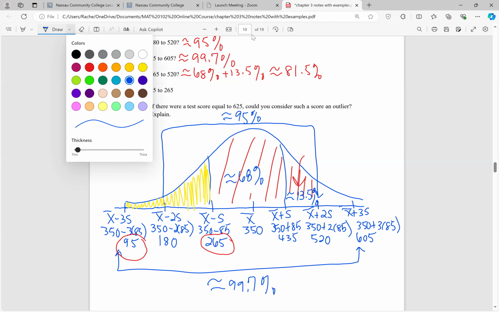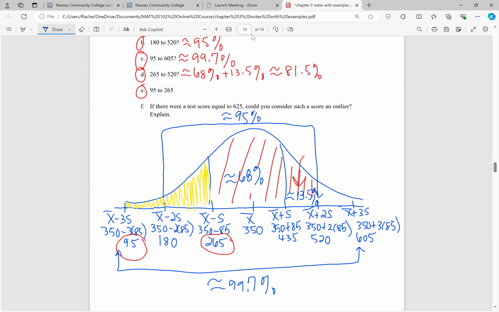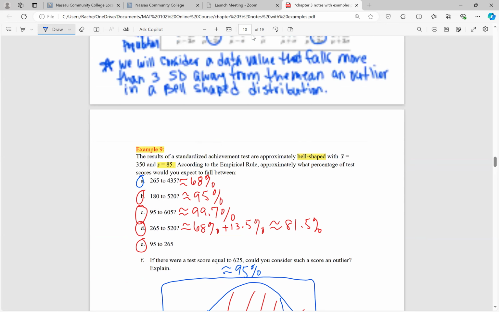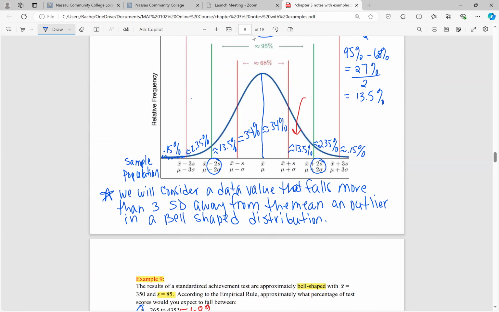We need to label those shaded pieces, right? And we know this piece right here is about 13.5%. And the smaller piece over here is about 2.35%, based on what we calculated in our diagram above.